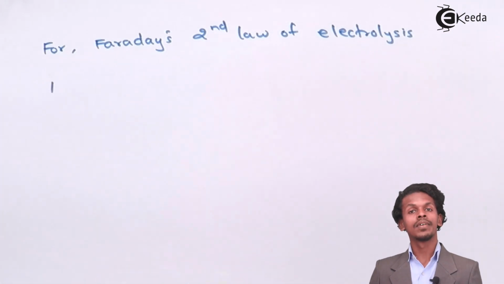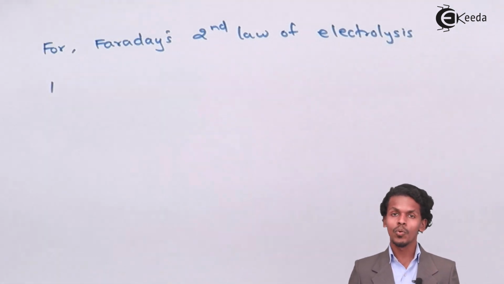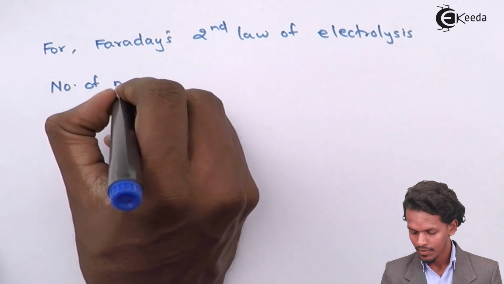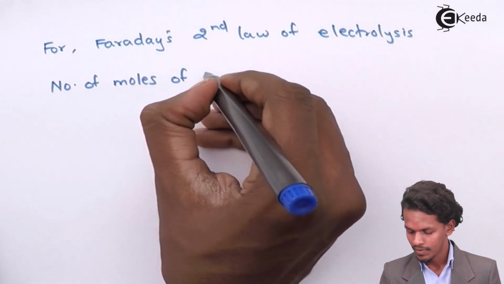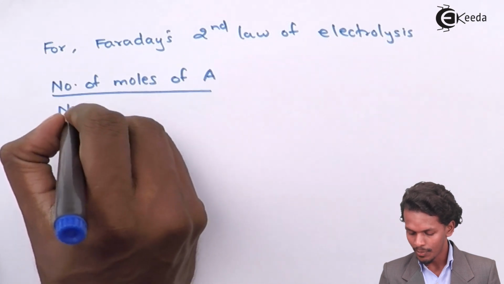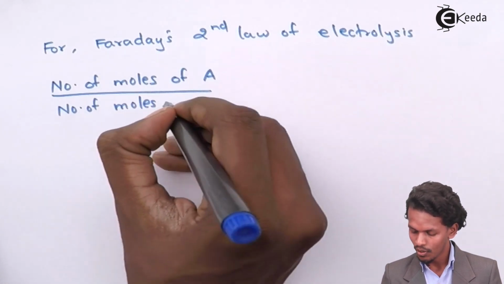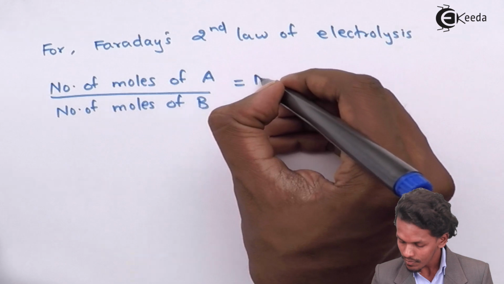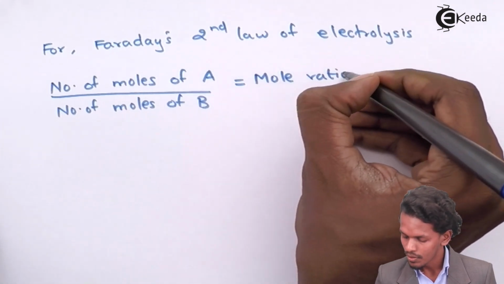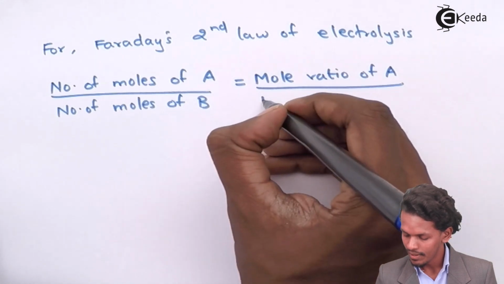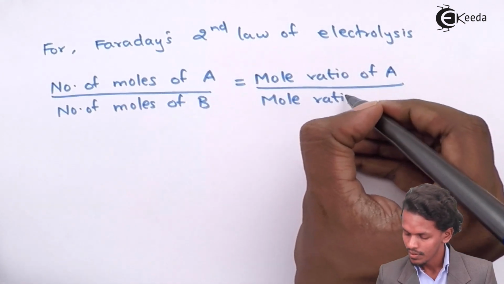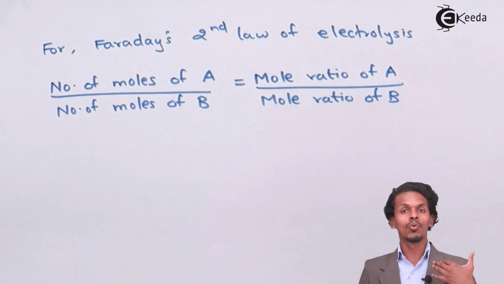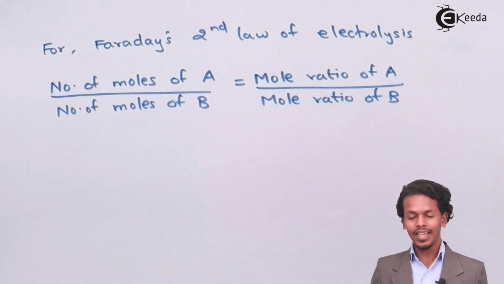The number of moles of A divided by the number of moles of B is equal to the mole ratio of A divided by the mole ratio of B. So let us consider the mole ratio of A as the mole ratio of zinc, and the mole ratio of B as the mole ratio of copper.